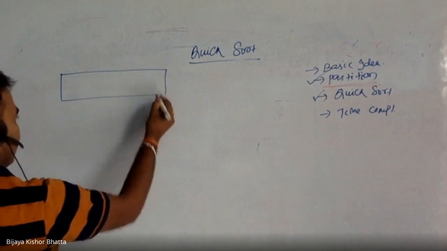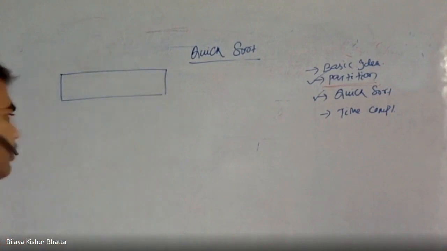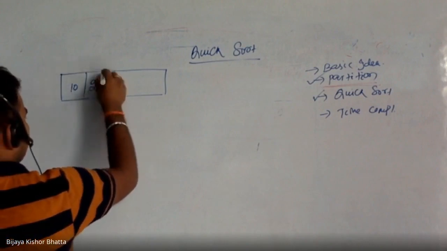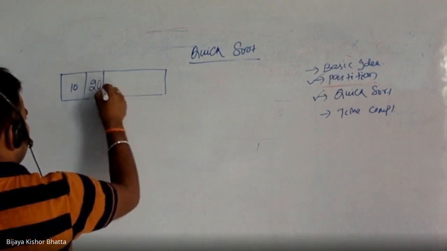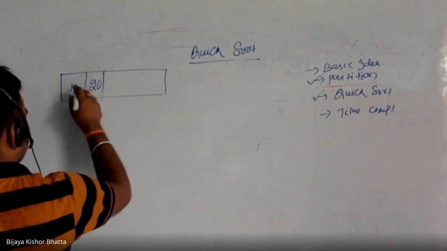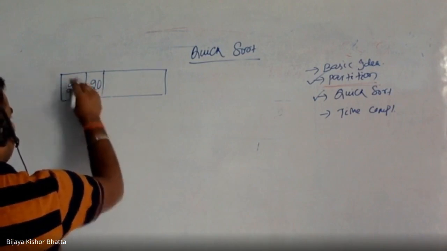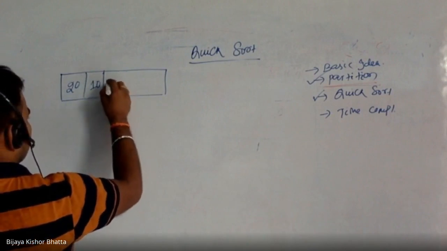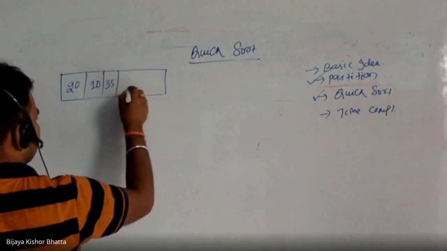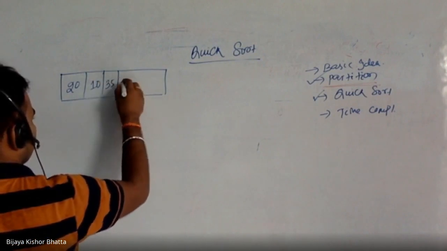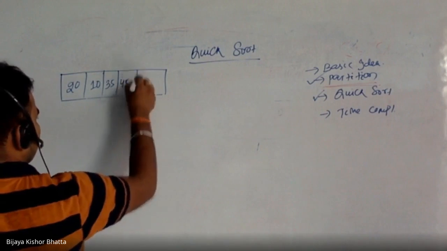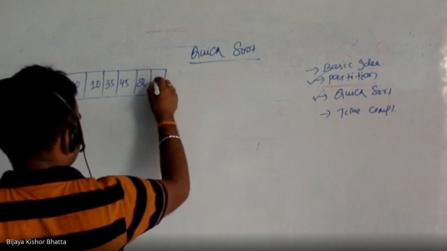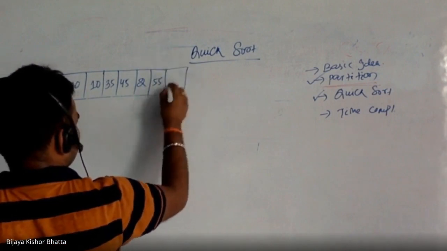Suppose this is my array containing some elements: 20, 10, 35, 45, 2, 55, 5.